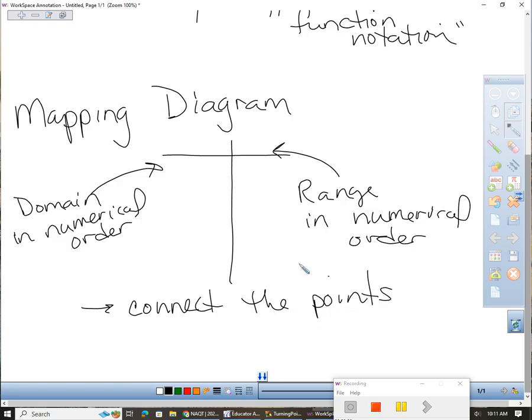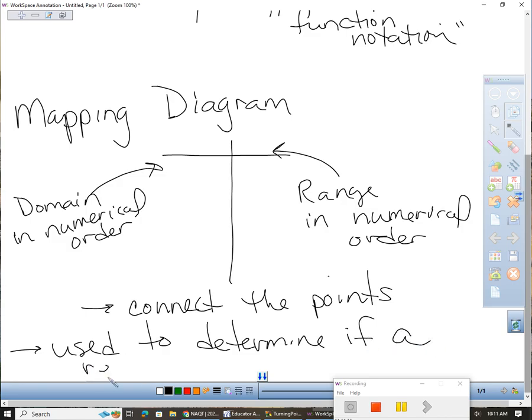I'm going to show you one of these in just a second. We use this to determine if a relation is a function.